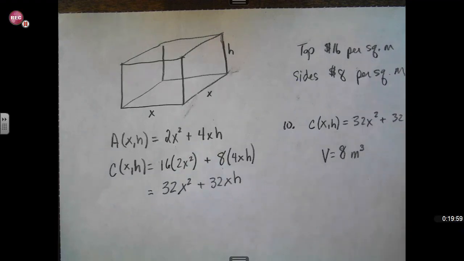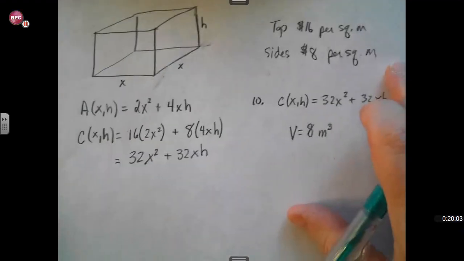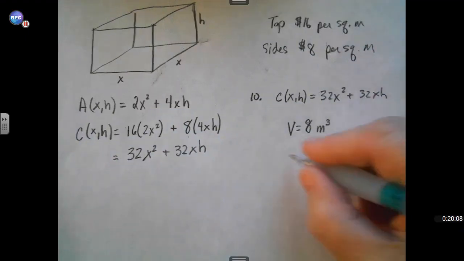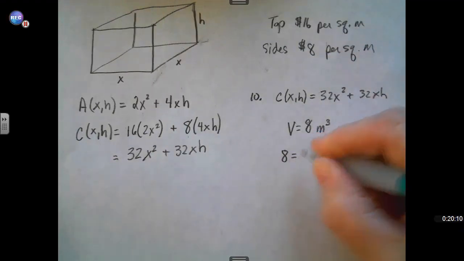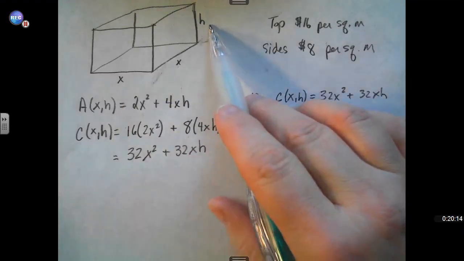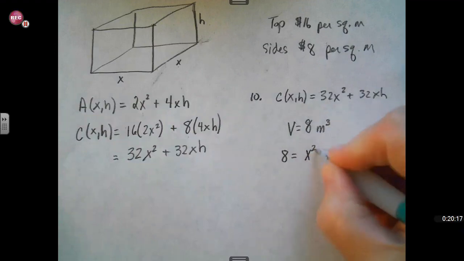So in other words, get the h out of that cost equation. To do that, I use the fact that the volume is 8, and the volume of this box is x squared h.